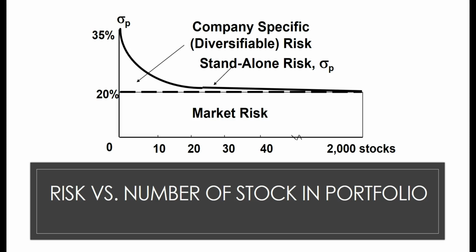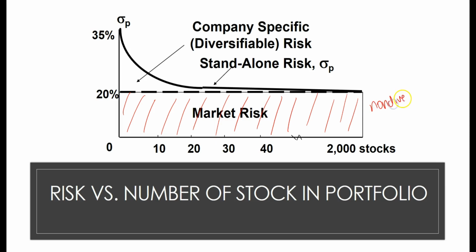So with that, we see that there is this imaginary dotted line. And we see that no matter how many stocks we add to our portfolio, it never crosses this imaginary line here, this asymptotic line. This is risk that cannot be eliminated. It is non-diversifiable risk, also known as market risk.